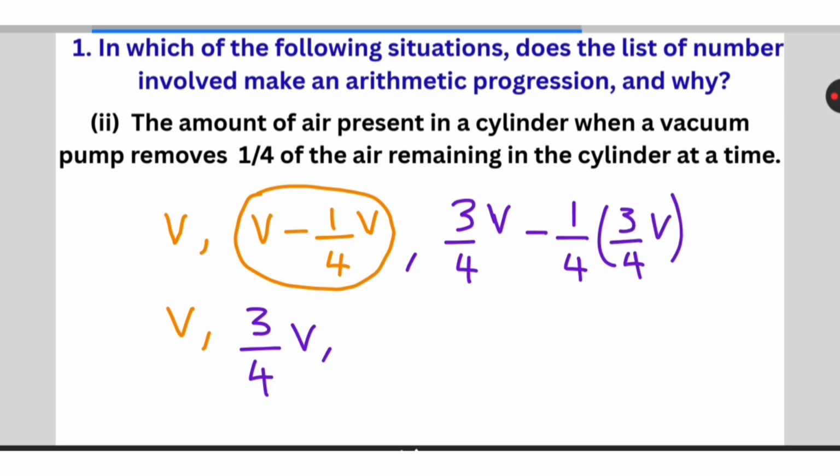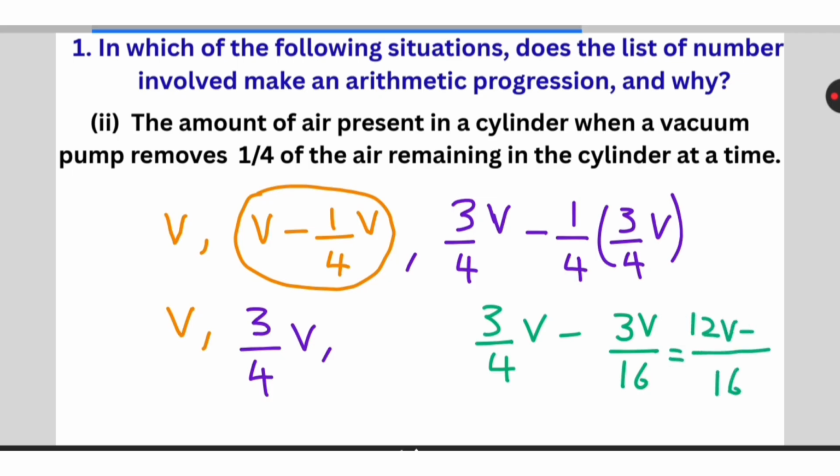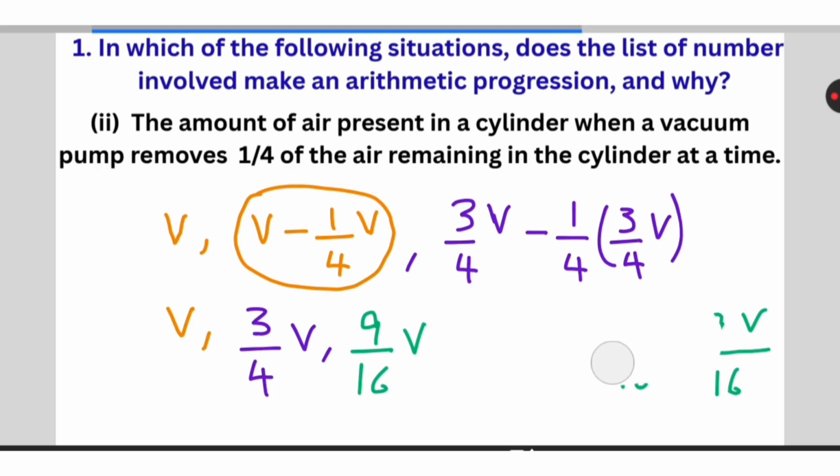If you simplify this, we get 3 by 4 V minus 3V by 16. Here if you take LCM, it is 16. That is 12V minus 3V, which gives 9V. So the third term is going to be 9 by 16 V. Like that you keep on taking, but up to here is enough. So this is our sequence.